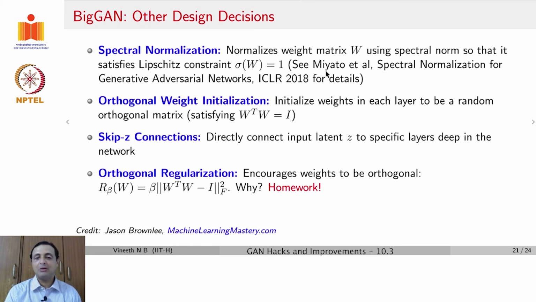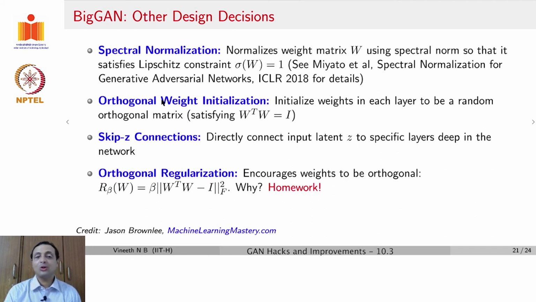You can see this paper called Spectral Normalization for GANs, ICLR 2018 for more details. The broad idea of such a step is similar to batch normalization, to constrain the weights with certain properties that ensure that learning can be better and faster. In this case, we try to constrain the highest singular value of the weight matrix.